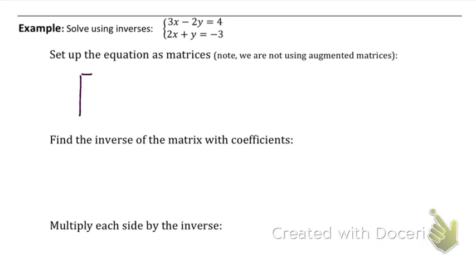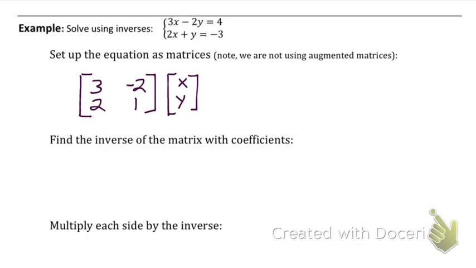So how we set it up is going to be, we put our coefficients in here. We put our x and y here. Make sure everything's in proper order. Since x comes first and y comes second in both of these, that's why we do x and y. If we had a z, we would just put a z down here.